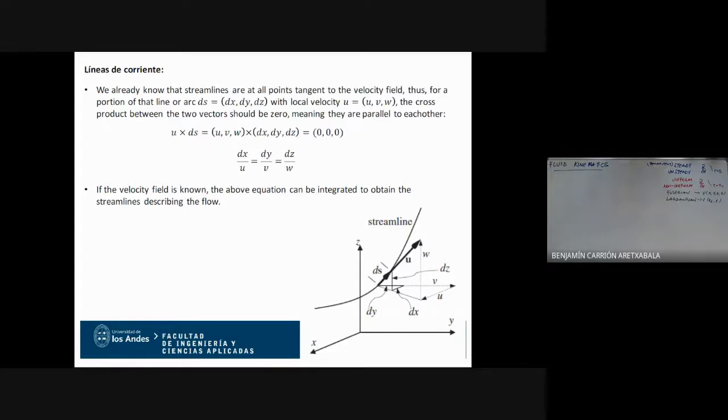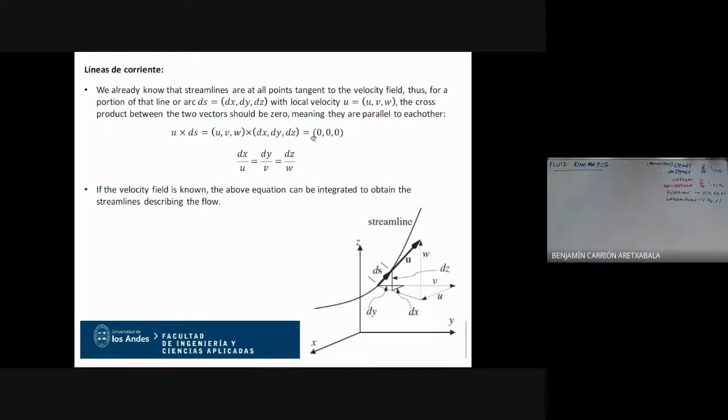So if you know the velocity field, you can compute the streamlines, because you only need to solve this. You can show that this relationship holds, but it's not very interesting to do, and you can do it on your own.